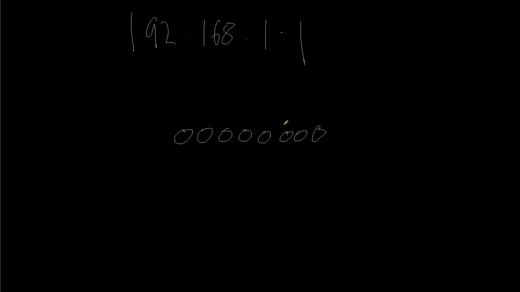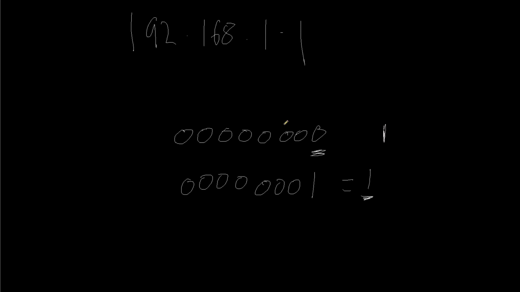Now, with binary, if this first digit turns into a 1, so we have 0, 0, 0, 0, 0, 0, 0, 1, that actually equals the number 1 in our decimal number system.